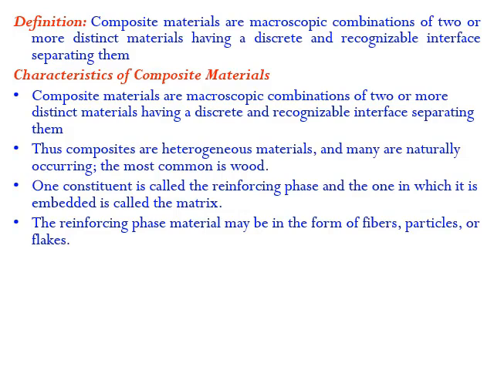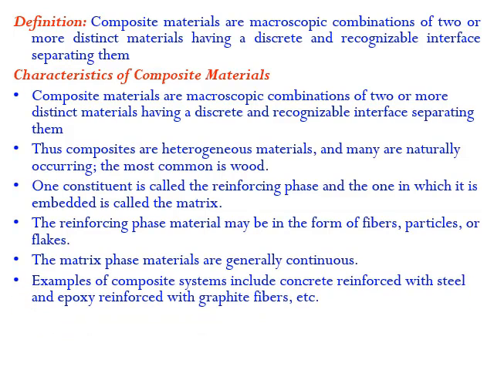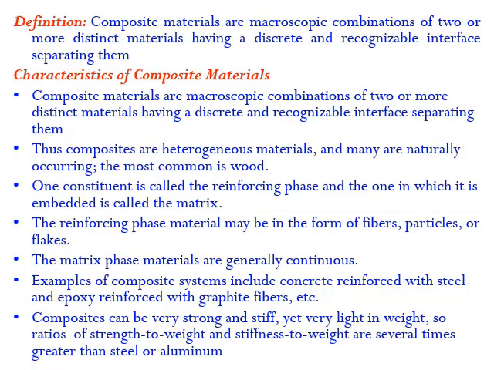Depending upon the properties which you want, one can choose the shape of the reinforcement material, which is going to decide the properties of a composite material. The matrix phase materials are generally continuous, so there is no discontinuity in that one. An example of a composite material, as I said, is a concrete pillar, where we have steel rods reinforced in the cement material.